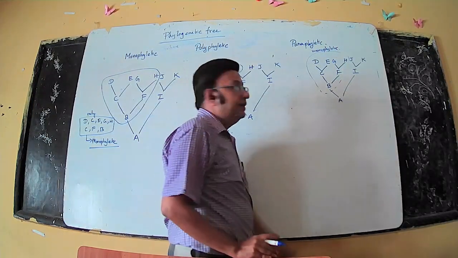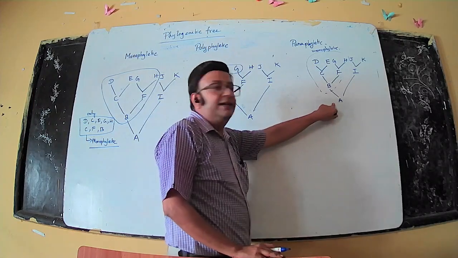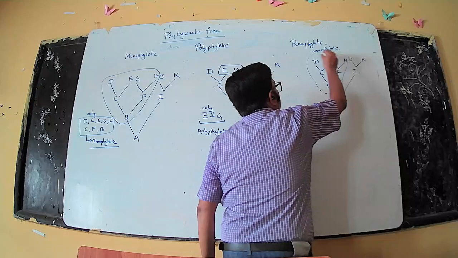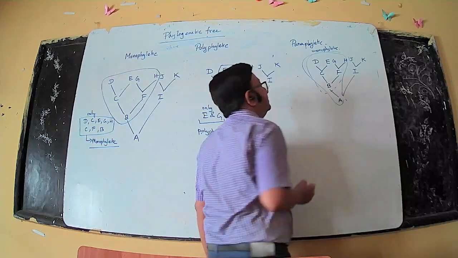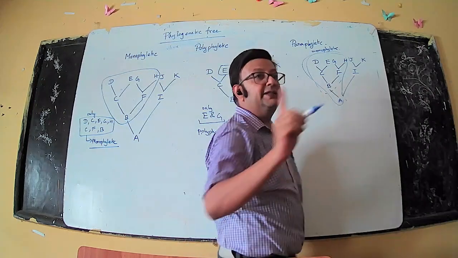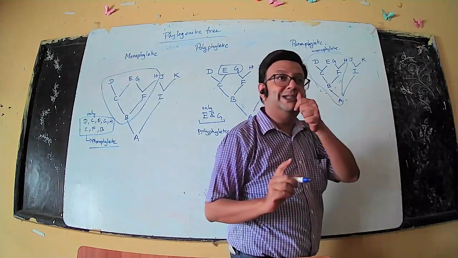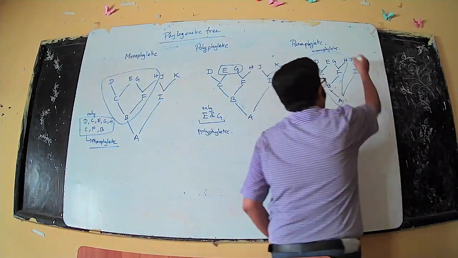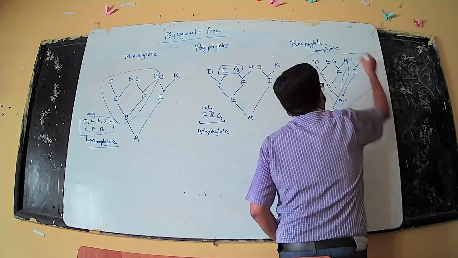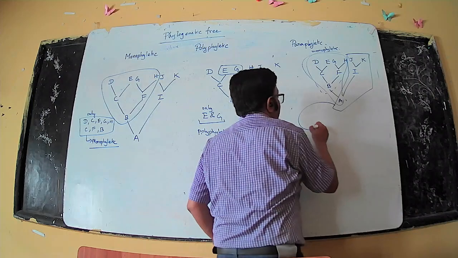B. Now if you are taking A, this you are considering one phylum, monophyletic. Okay. But A has got different branch points which you are not considering. So this line is known as paraphyletic.